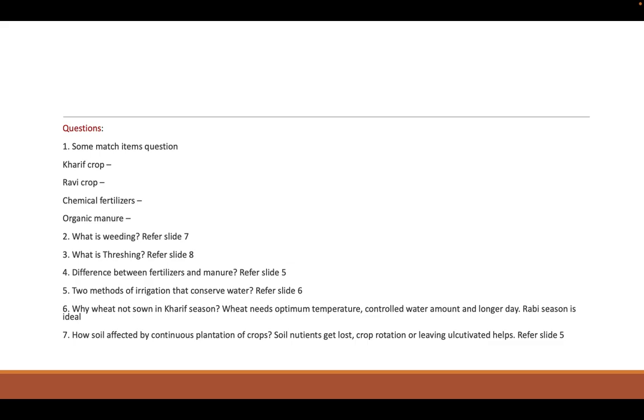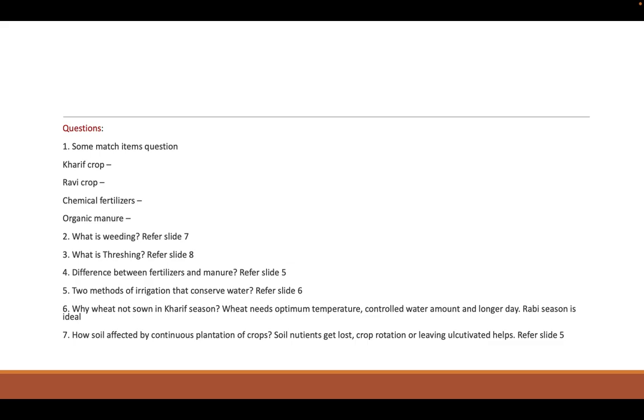How is soil affected by continuous planting of crops? Continuous crop production will reduce the nutrients in the soil. We use crop rotation and leave the field uncultivated between crops to help improve the nutrients.